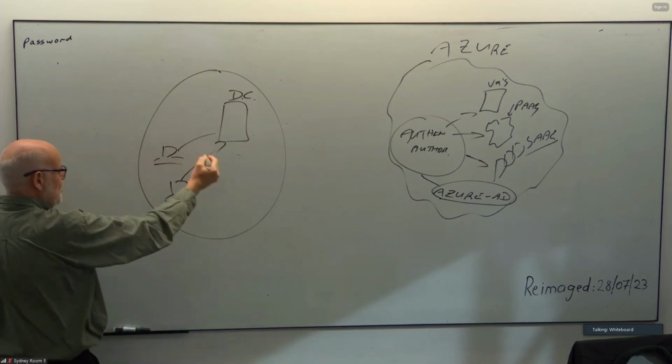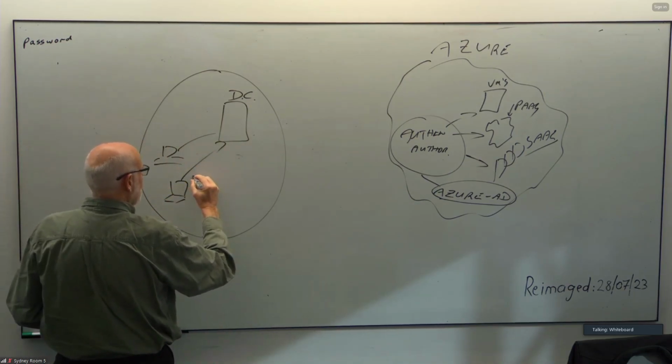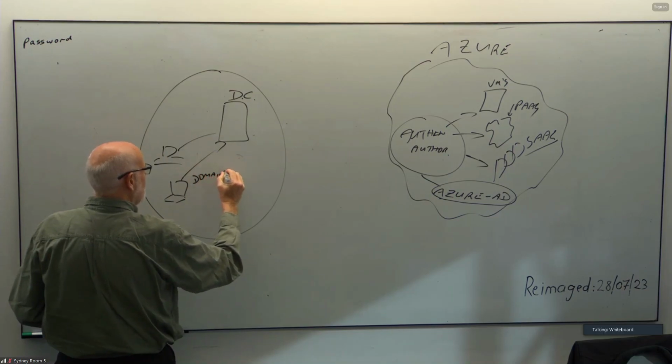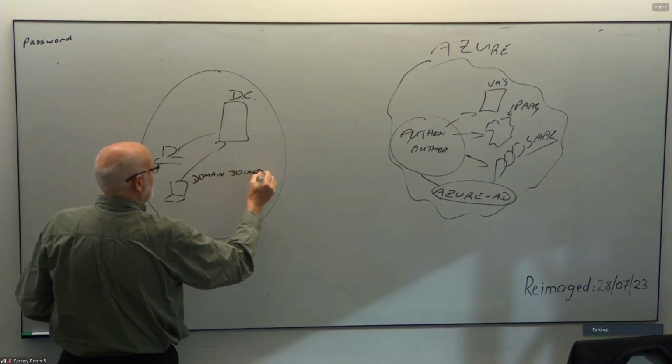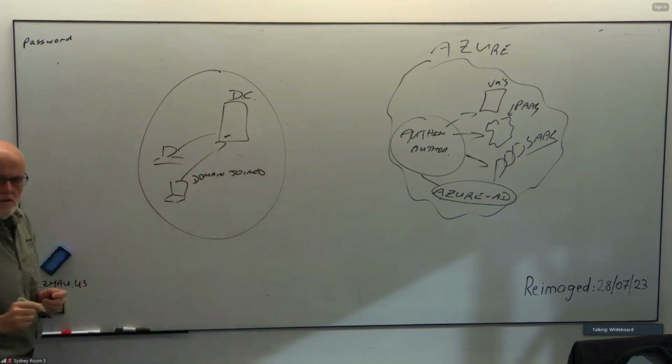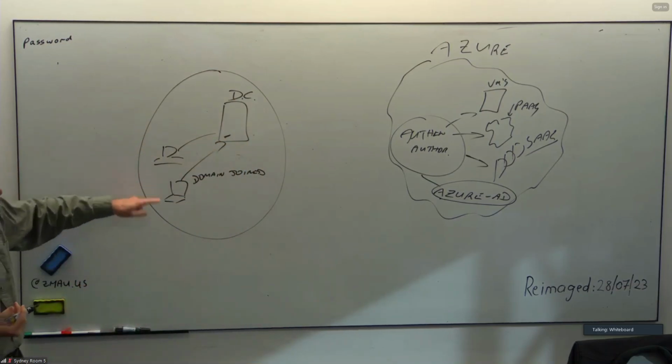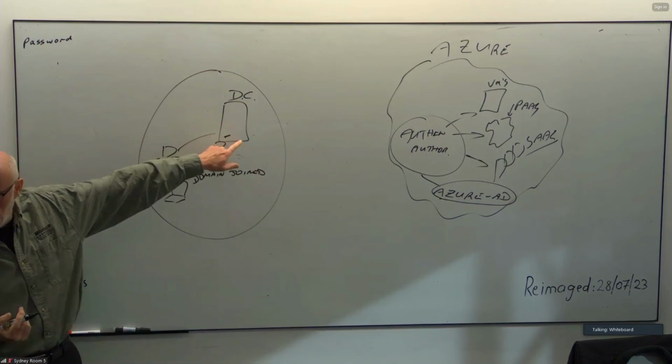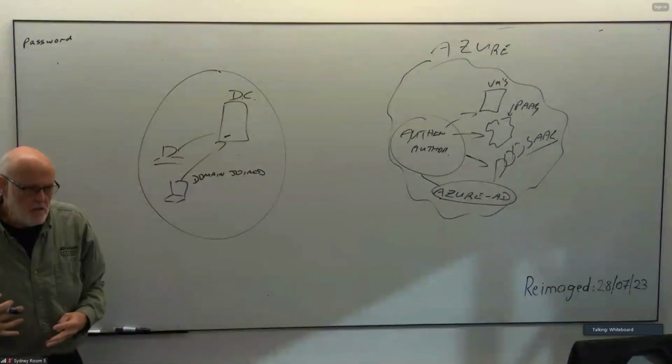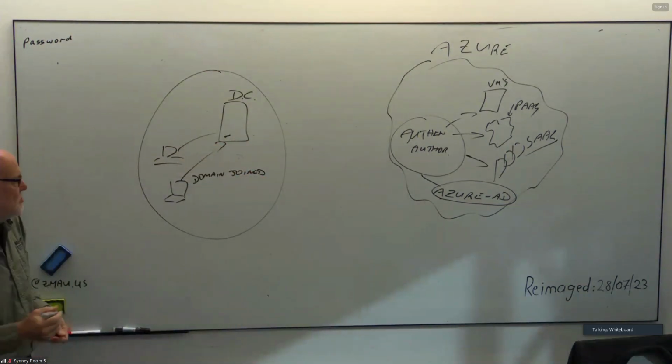So the devices, normally they are domain joined. So we have a computer object here in the domain controller. These computers, when they come up on the network, they actually authenticate. We don't see them authenticating. They do it in the back end, but they've got a password, they authenticate, etc.